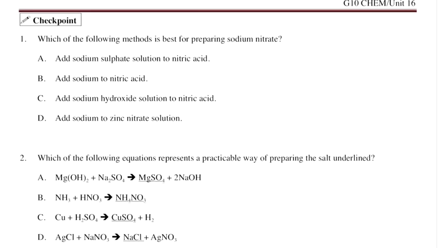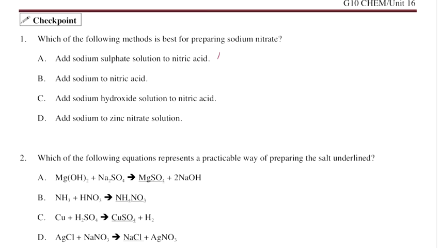Okay, for A, it suggests adding sodium sulfate to nitric acid. So it's not the suggested reactants that we listed on your notes, but let's work out whether these will give us a reaction that produces sodium nitrate.